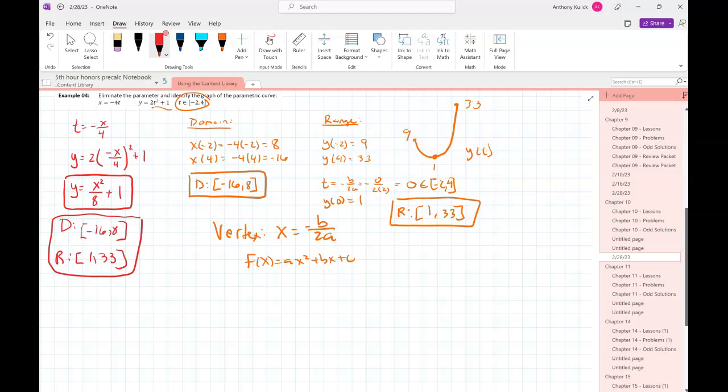This is kind of the hardest thing in this chapter. To say they're the same function, then the domain and range have to be the same, right? That's the hardest piece, getting all that stuff to make sure it matches.